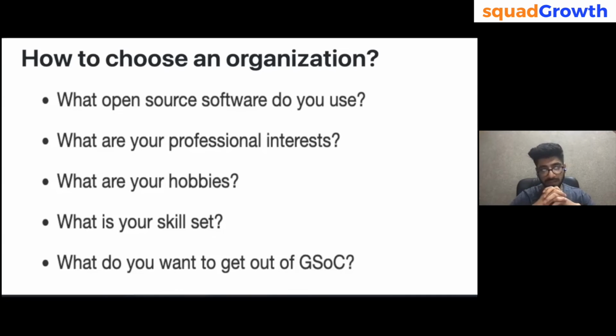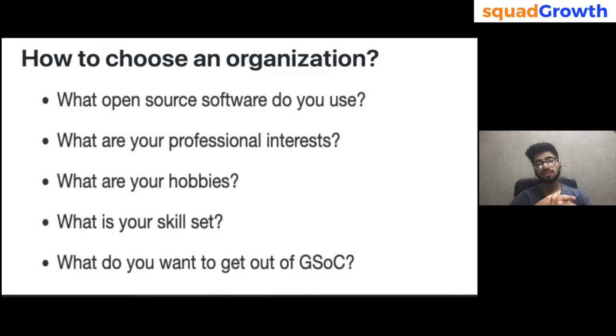These are some of the basic questions you should ask yourself when choosing an organization. What open source software do you use? I was using Netattacker and some ethical hacking tools, and I was interested in cyber security. So I chose OWASP because I was very much interested.